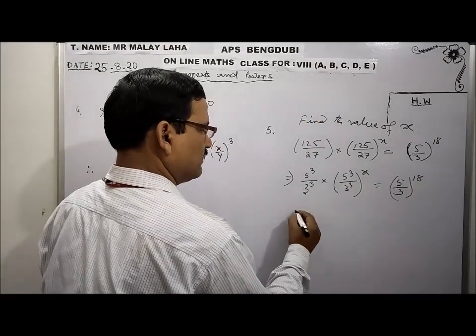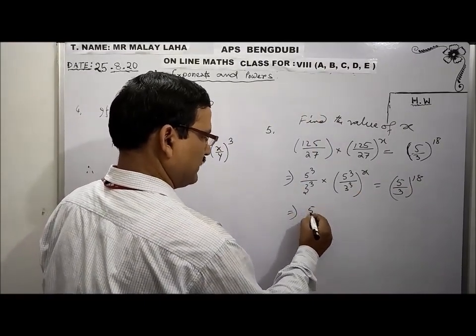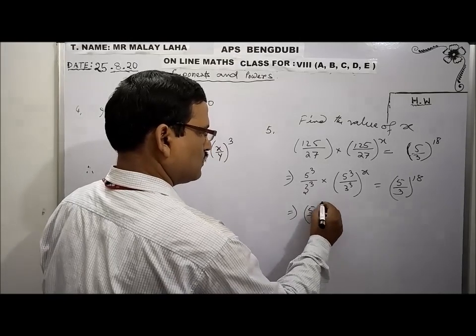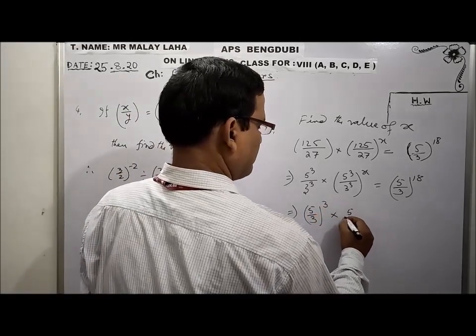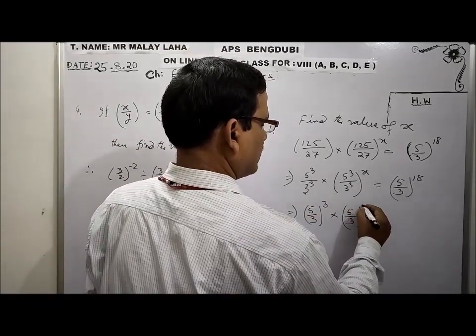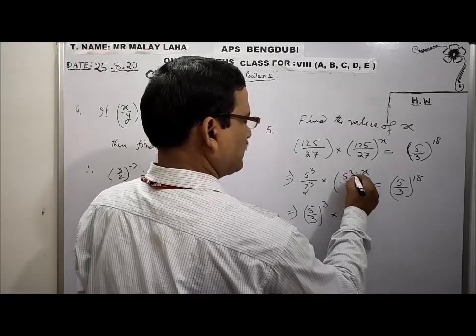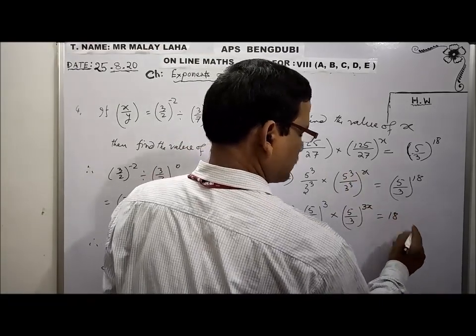Now it is coming a little bit essential. So it is ((5/3) cubed) raised to x, that is (5/3) raised to the power 3 into x, 3x, double power 3 into x, 3x, that equals 18.